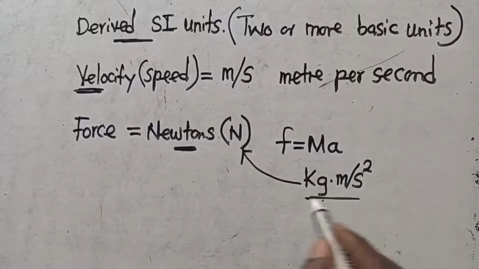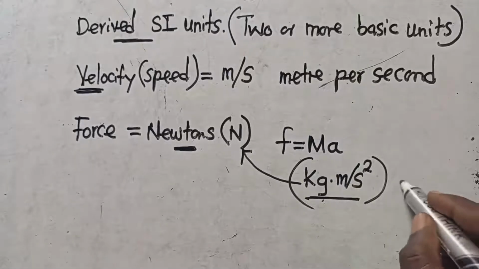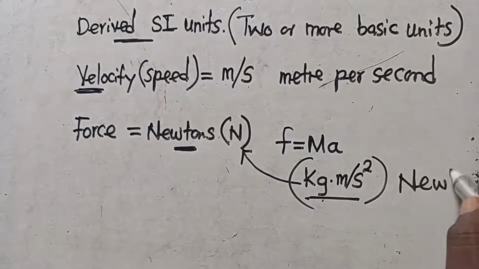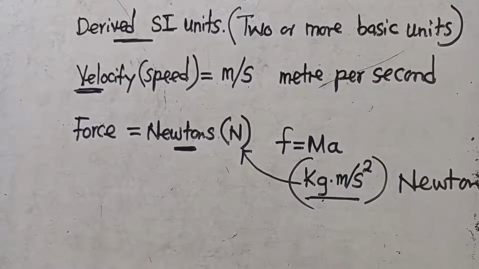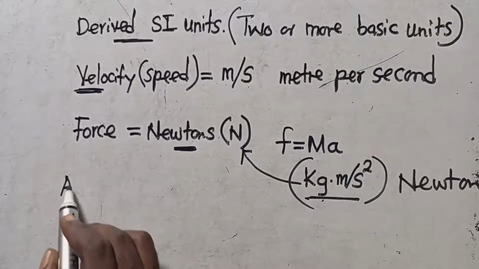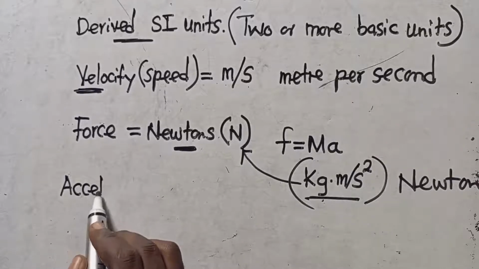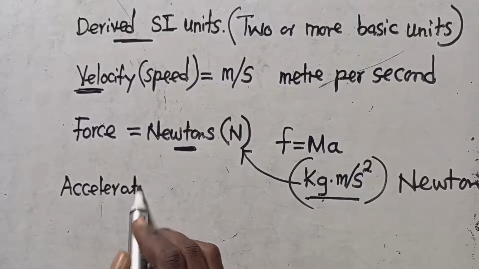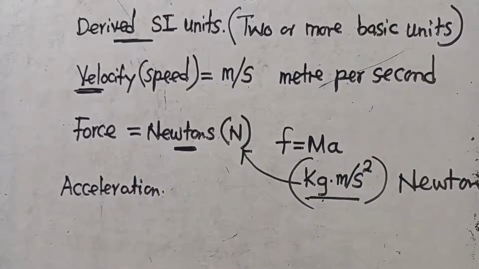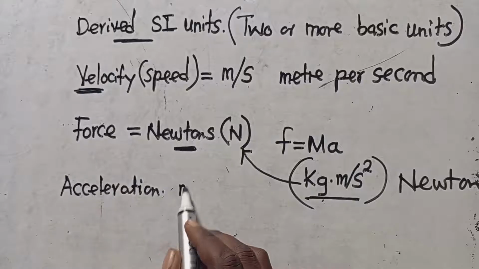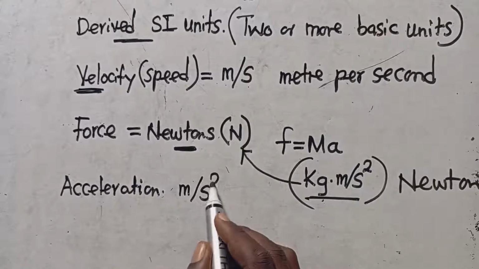So when you combine this, you are forming a unit called the Newton, which is capital N. We've got acceleration, the same one that I've used there. Whenever we are talking about acceleration, you need to understand that it is measured in meter per second squared.